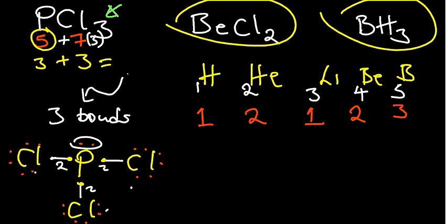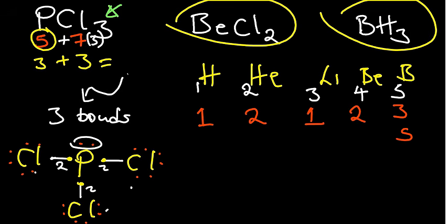So it's easier for these, basically, if you look at a metal like lithium, it's very easy for it to lose an electron rather than gain 7. So it's also very difficult for beryllium to gain all the way up to 6 electrons. And then it's also difficult for boron to gain 5 electrons.